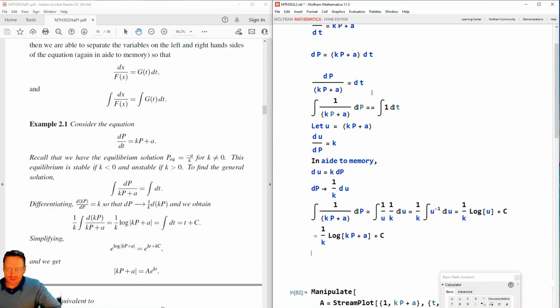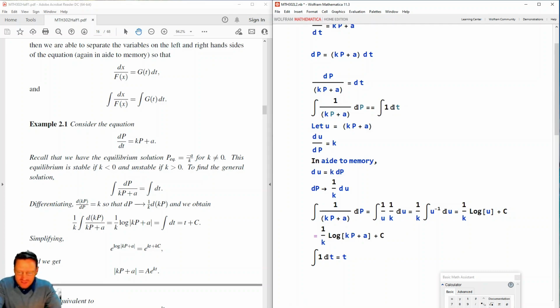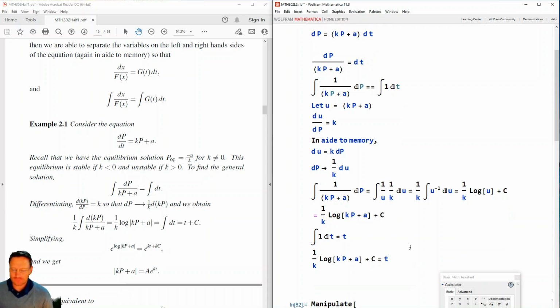All right, now the right-hand side of this integral is very easy because the integral of 1 is just t. Since we've already got a constant of integration, we'll leave off that constant, and so we'll say this left-hand side here is equal to t.